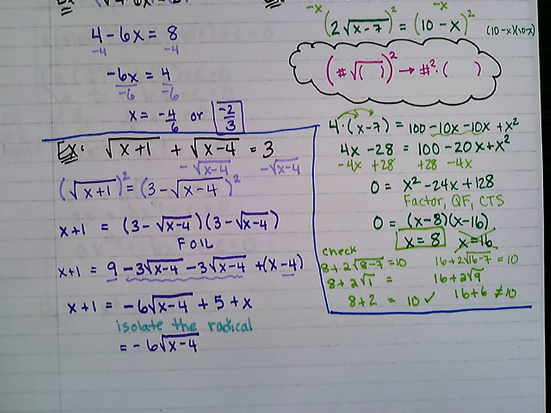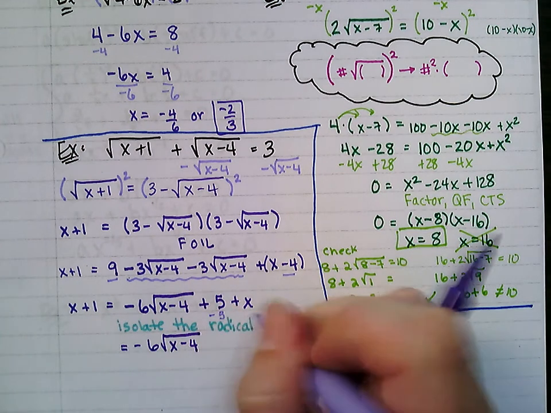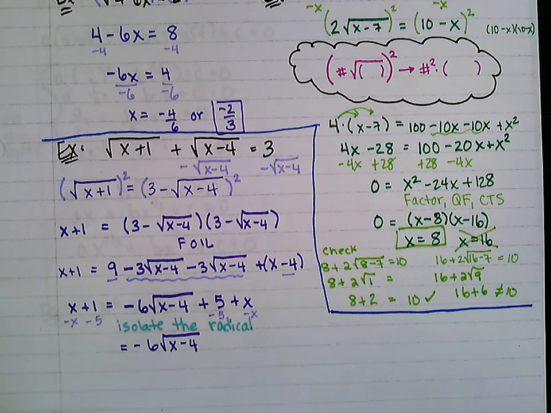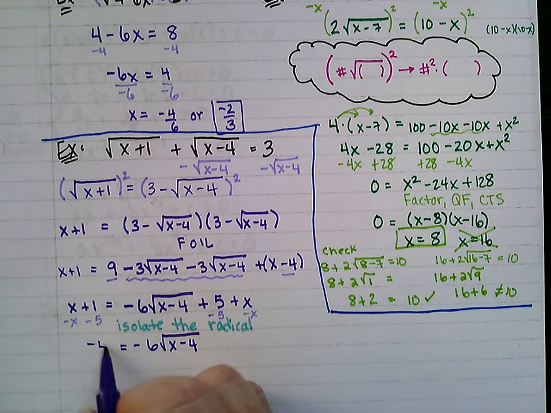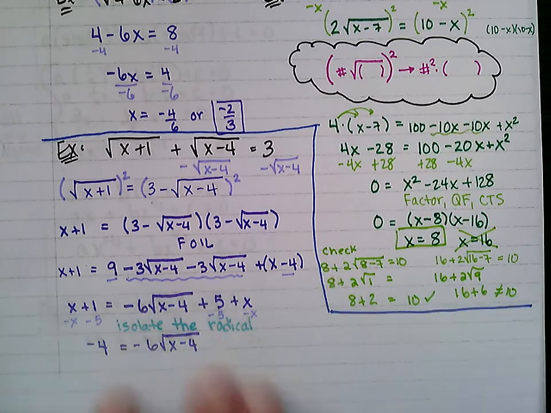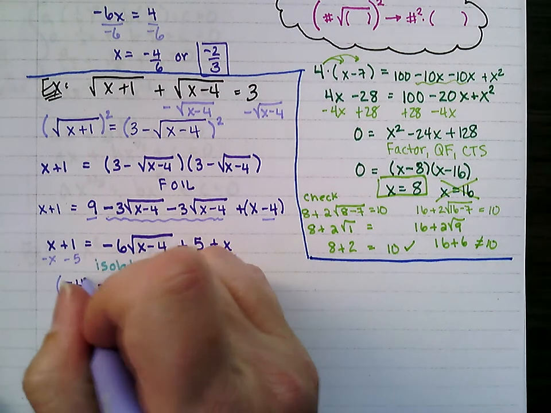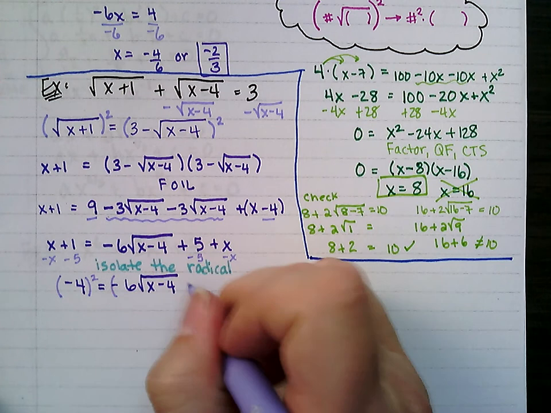I'm going to subtract my 5 and subtract my x on both sides. So that's actually going to just leave me with a nice negative 4 over here. Now, again, I could divide both sides by negative 6, but that's going to result in some fraction action. So I think what I'm going to do is go ahead and just square both sides as it stands.